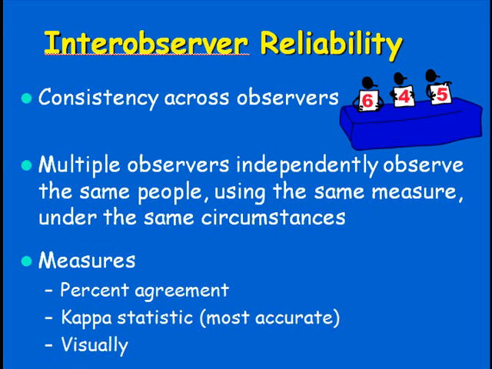And that's important that you would define that. And the way that would get measured is you would use one way is percent agreement, the percent of the time that the parents agreed, kappa statistic, which is mostly what you see in the literature, it's the most accurate, or visually.